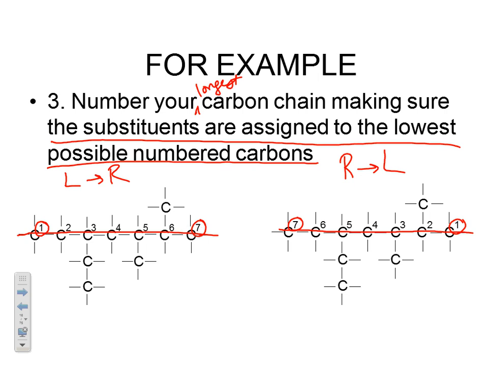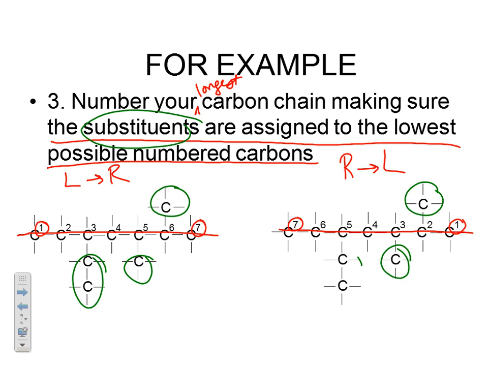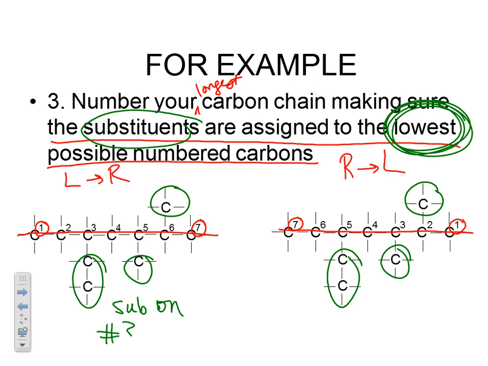So I have 2 choices, and the one that's correct will have the substituents on the lowest numbers. So I'm paying attention to this, this, and this on both of these. In the choice on the left, I have my substituents on my number 3 carbon, my number 5 carbon, and my number 6 carbon, shown right here.